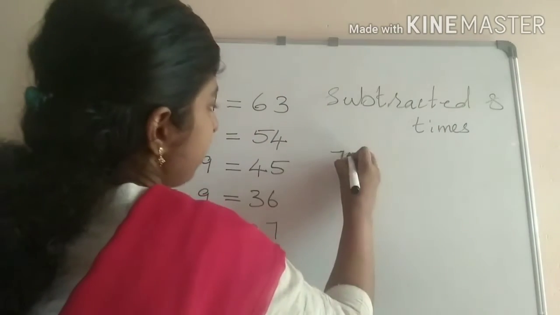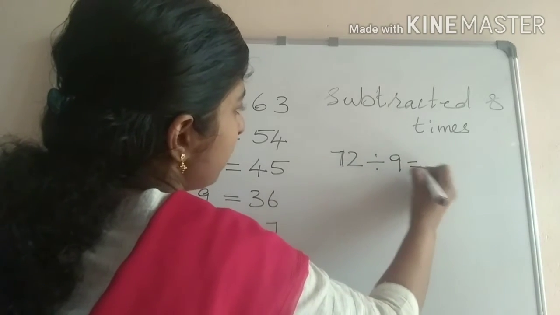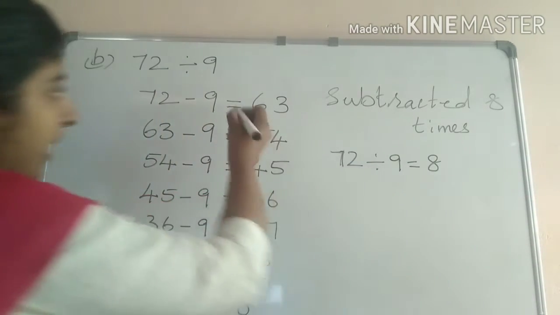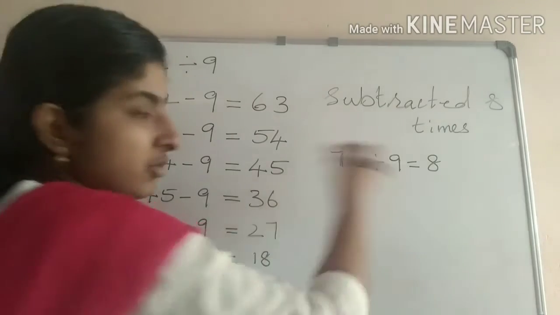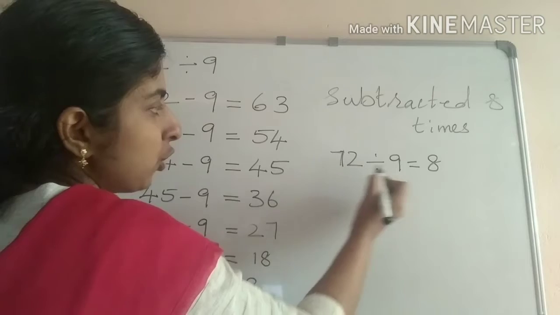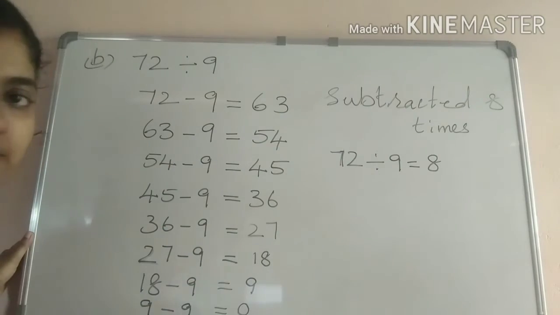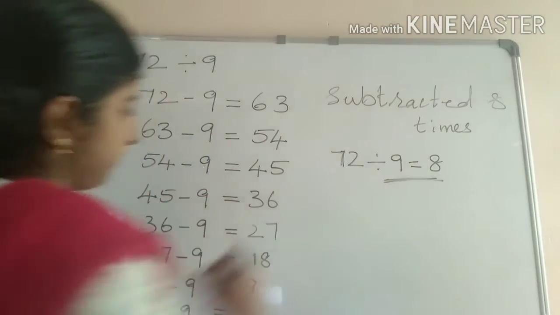So 72 divided by 9 is equal to 8. Eight times subtracted, so the answer is 8. Here the dividend is 72, divisor 9, quotient 8. Now we have studied how to divide a number using repeated subtraction.